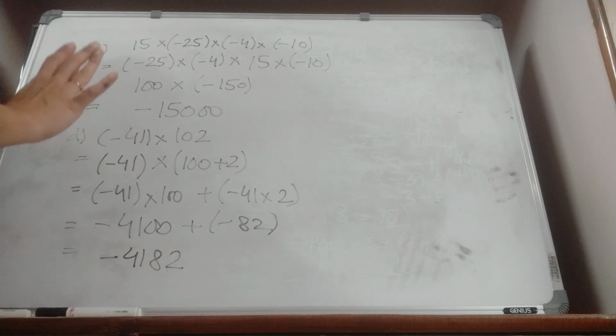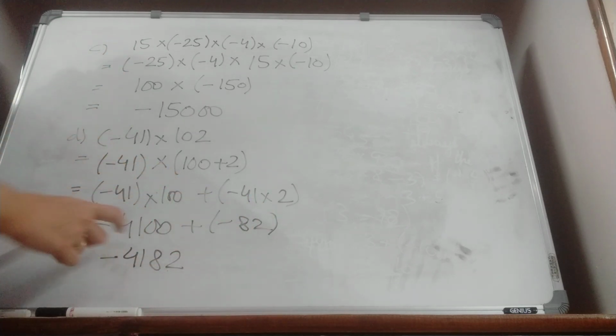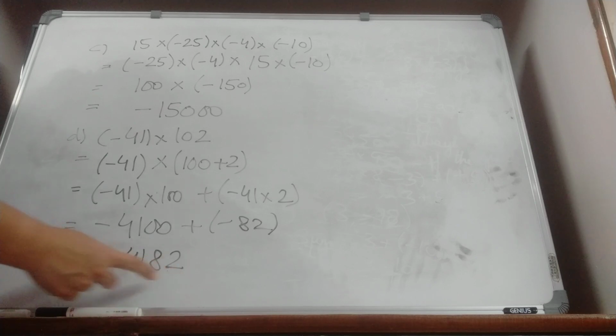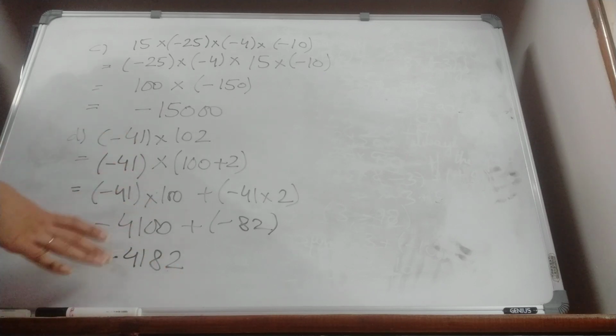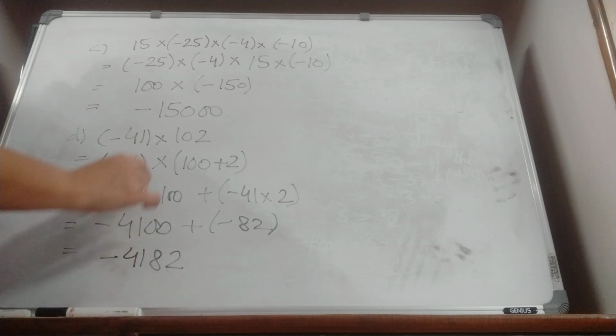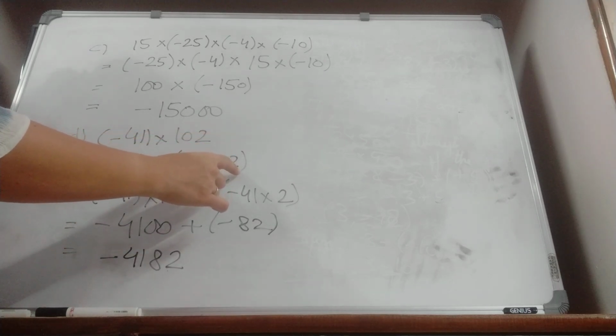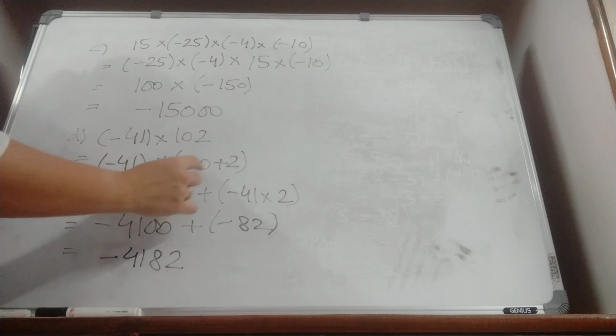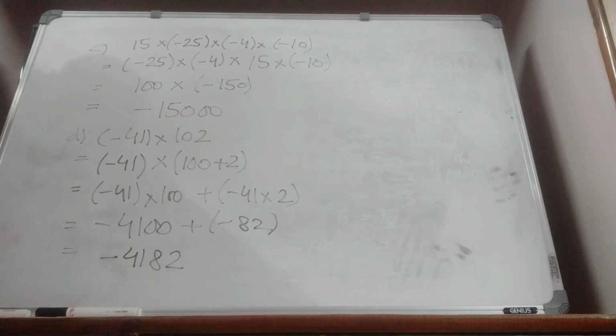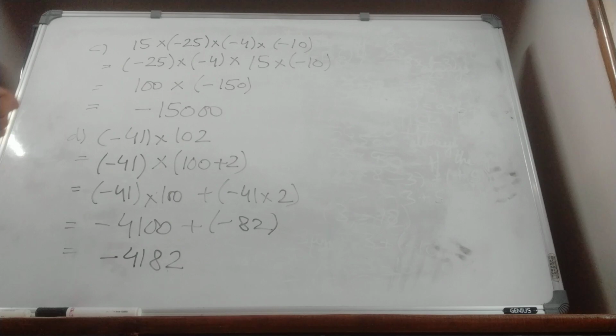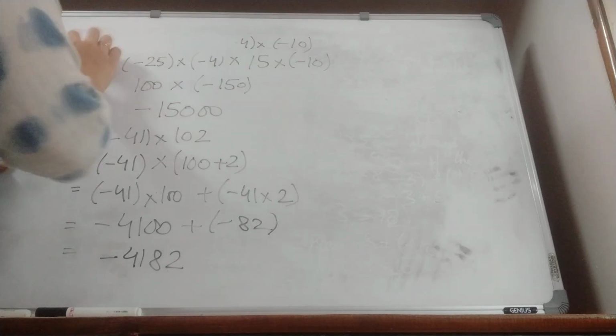This is originally what we did, adding two negative numbers. The answer will remain negative. You will add and the answer will remain negative. So this is going to be solved in this manner, that you will just split 102 as 100 plus 2 and then quickly do the needful. So this is your C and D part.